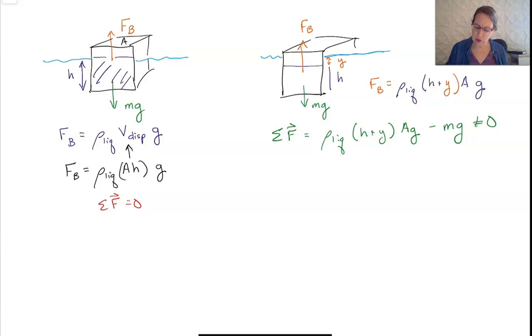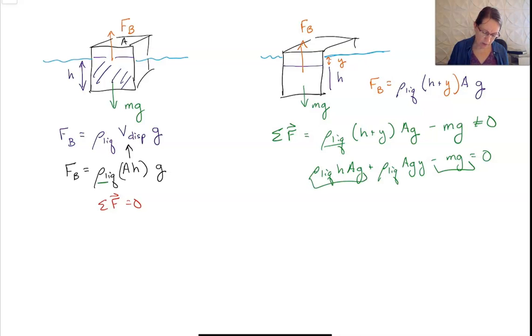I'll multiply this out: rho of the liquid h A g plus rho liquid A g y minus mg. The first part is equal to mg in magnitude, because the buoyant force equals mg at equilibrium.